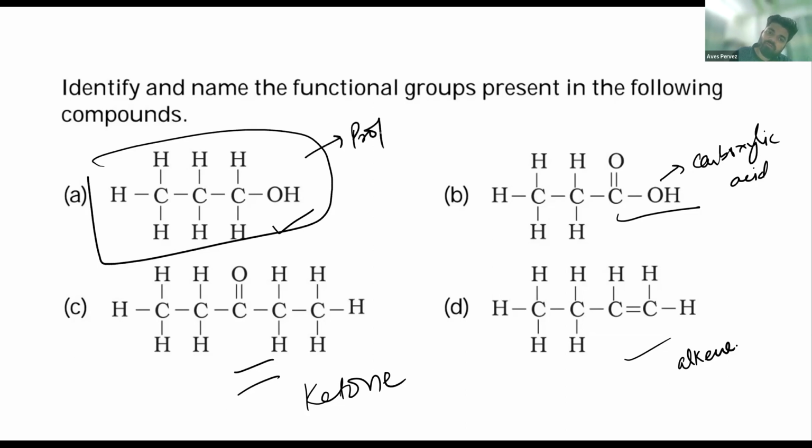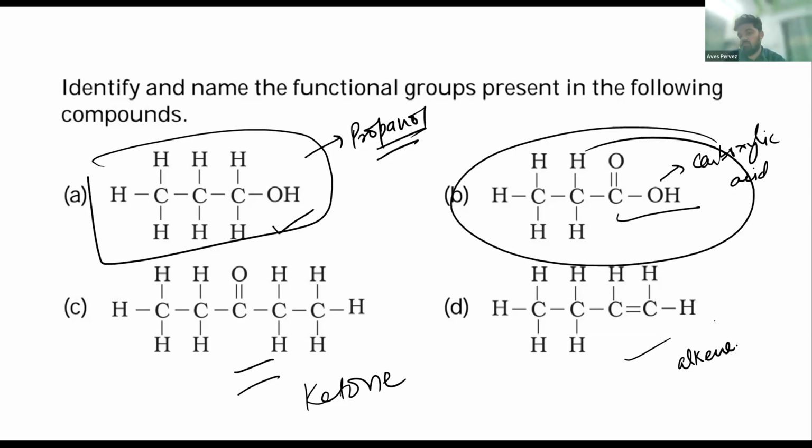Yes, it is prop-an-ol. What is the name for this one? Yes, sir. Double bond and OH is oic. So propanoic. Propanoic acid. Yes, sir.